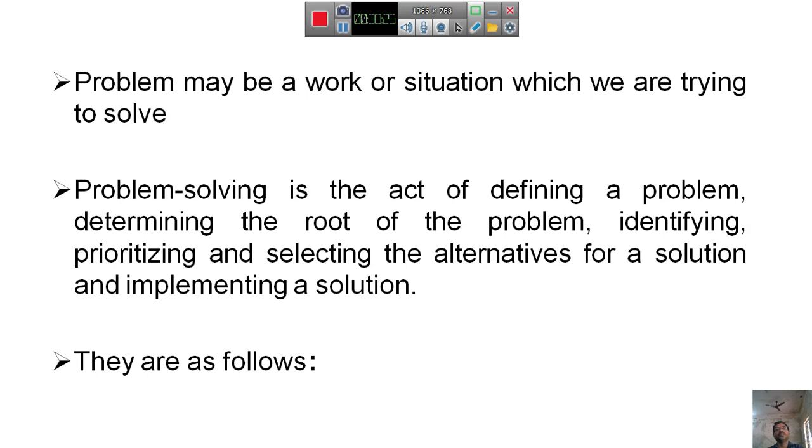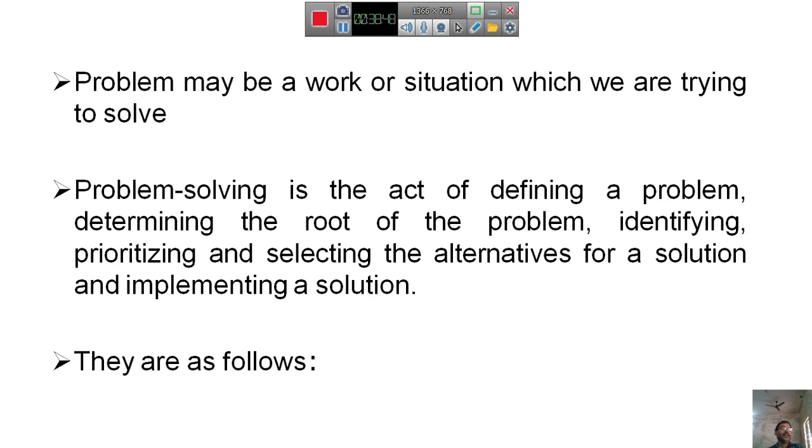The first step is defining or understanding the problem. We have to understand the problem very clearly, then only will we get some idea how to solve it.